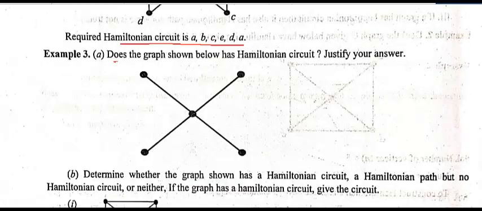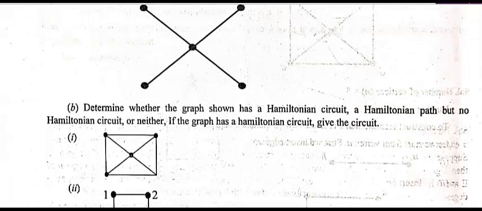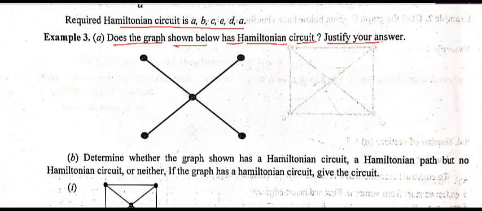So here is another example. Does the graph shown below have a Hamiltonian circuit? Justify your answer. The question is the justification. And you have example B also. Correct? So these are very, very useful examples. Now you know that we have done the theorem.